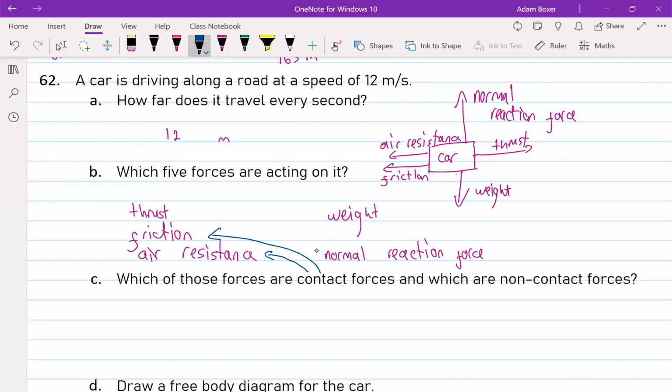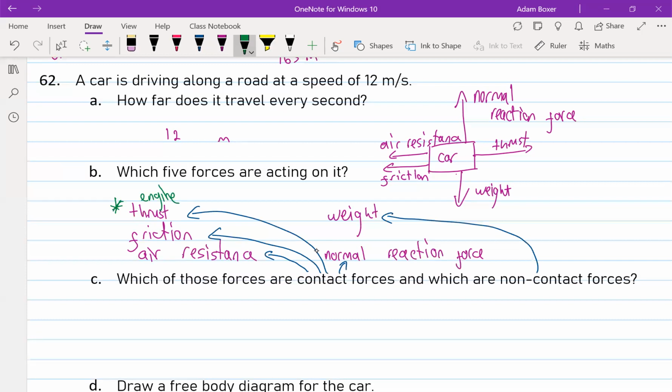Now the next question says which ones are contact and which are non-contact. Contact, contact, contact, contact, non-contact. For thrust, what is in contact with the car to make it go? I'm hoping that you said the engine.